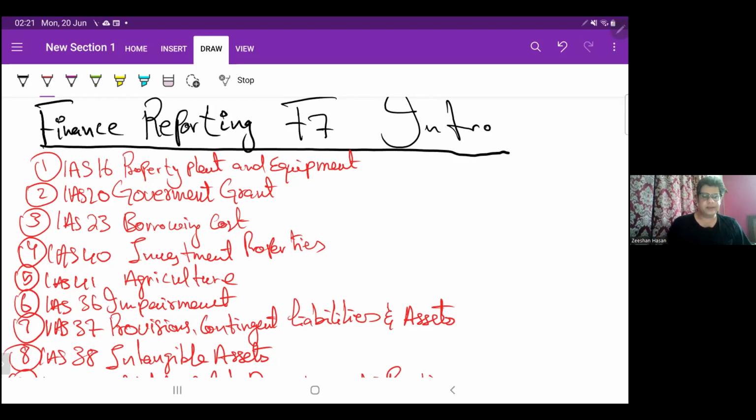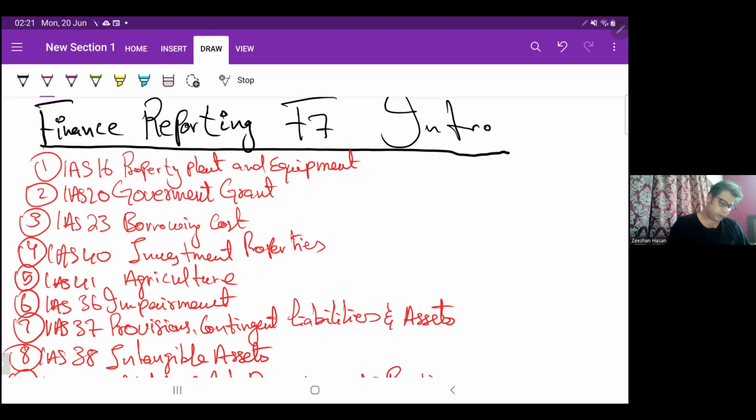First topic is IAS 16, property, plant, and equipment, in which we will learn the accounting related to non-current assets, which includes initial recognition, recognition and measurement criteria, which costs to capitalize initially, what is depreciation, methods of depreciation, revaluation reserve, and the various treatments of revaluation.